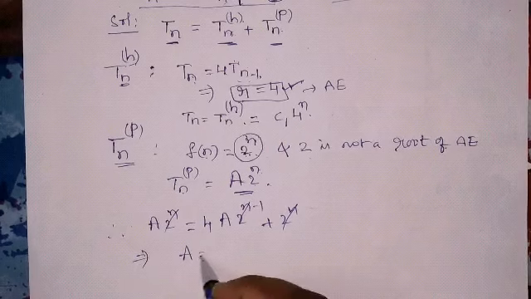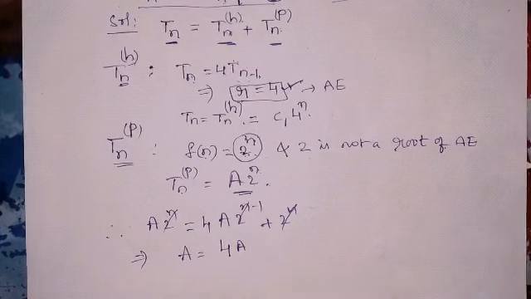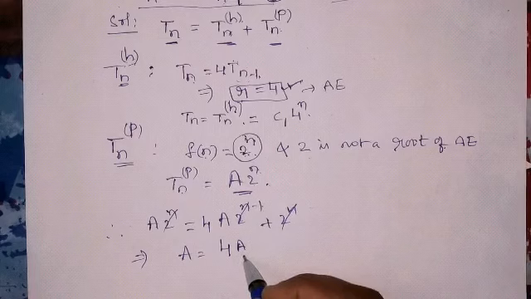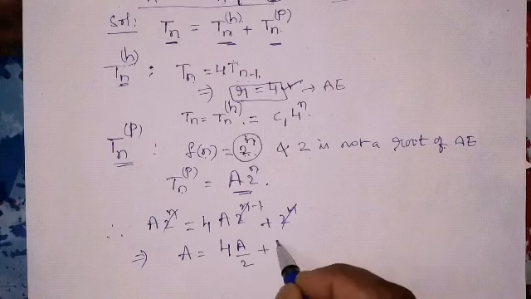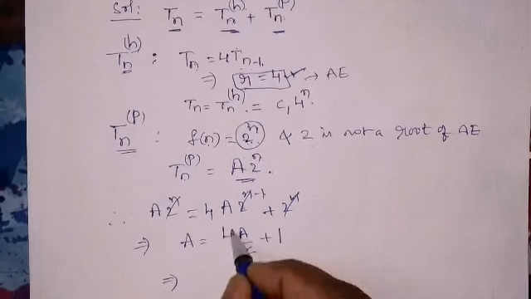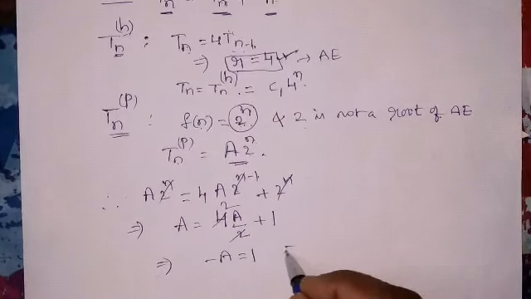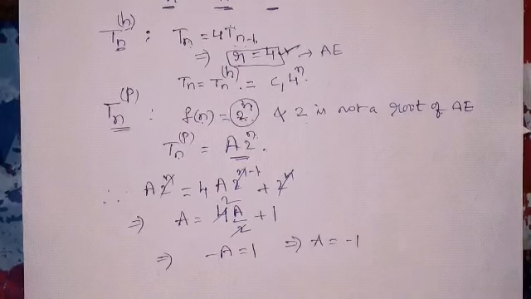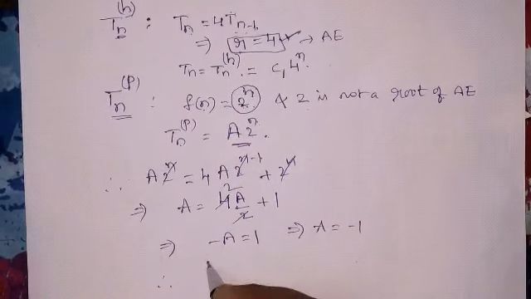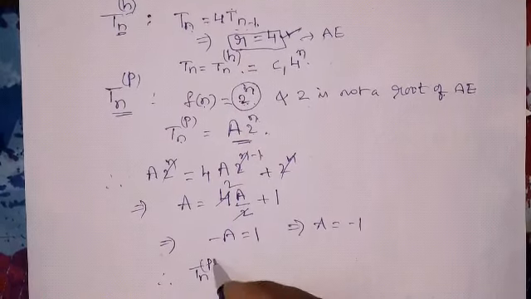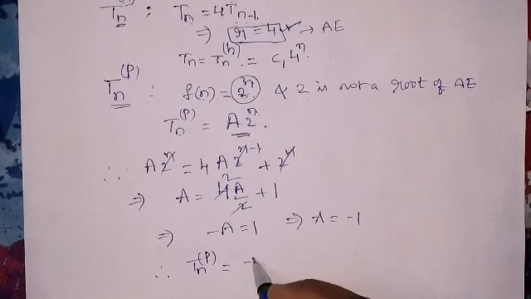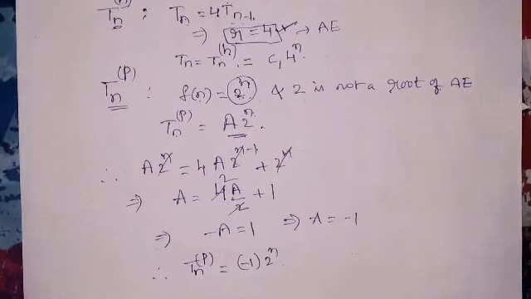So we have got a is equal to 4 into a, 2 power minus 1 is there. So by 2 plus 1. So we have got a minus 2a. We have minus a is equal to 1 or a is equal to minus 1. Therefore, our guess of the particular solution is minus 1 into 2 power n.